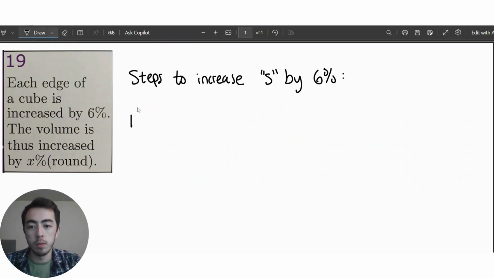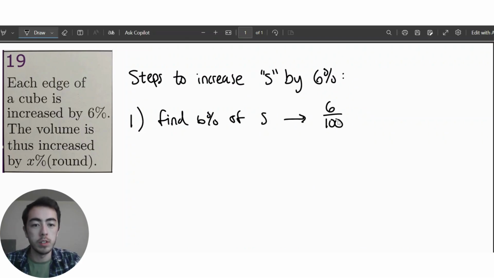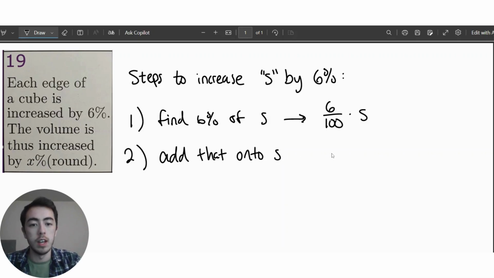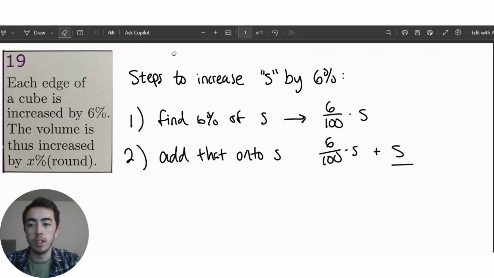The steps would be, first, find 6% of S, which is 6 over 100 multiplied by S. And then step 2 would be adding that amount back onto S, what I had at the start.